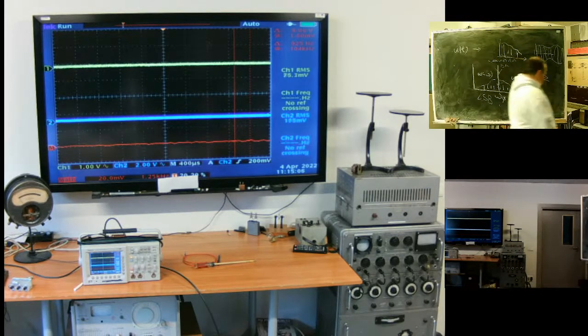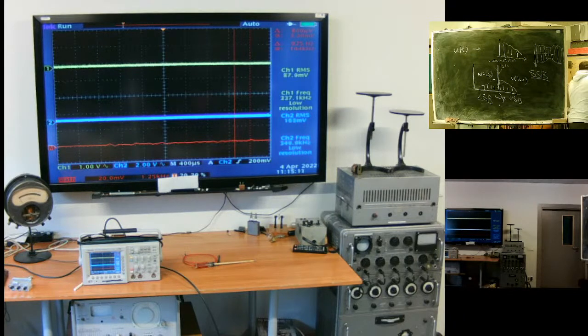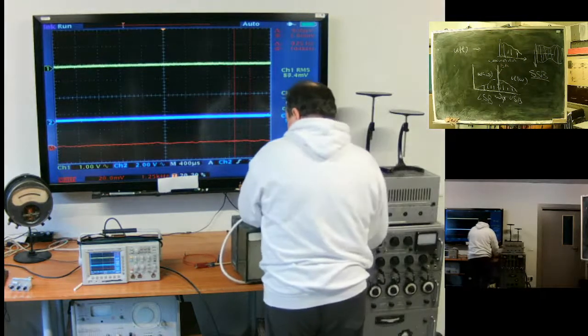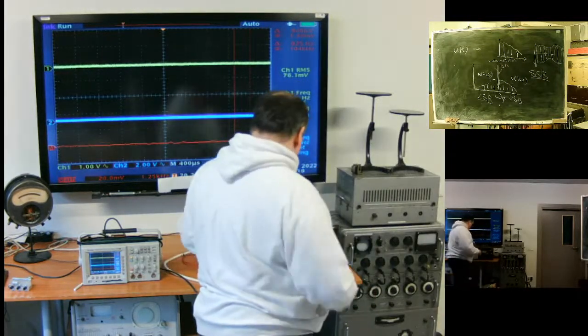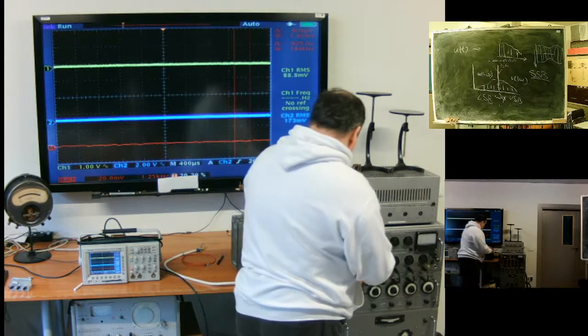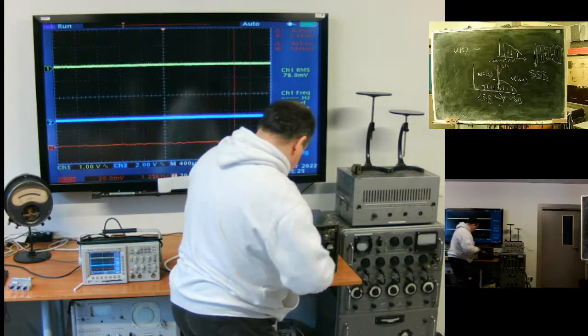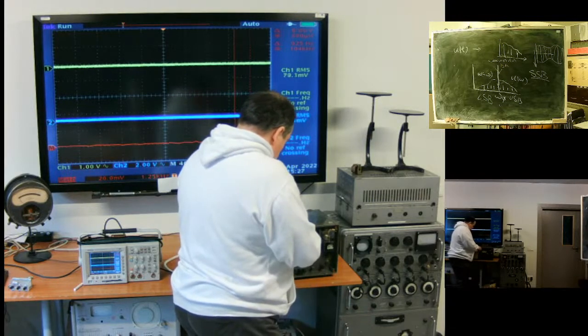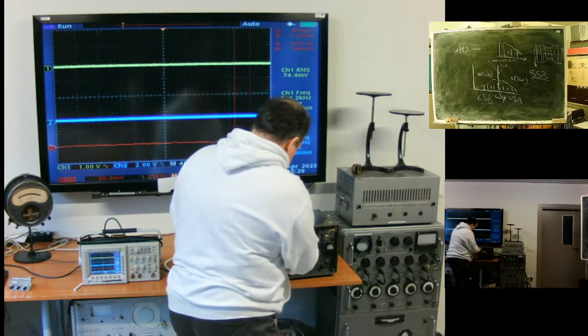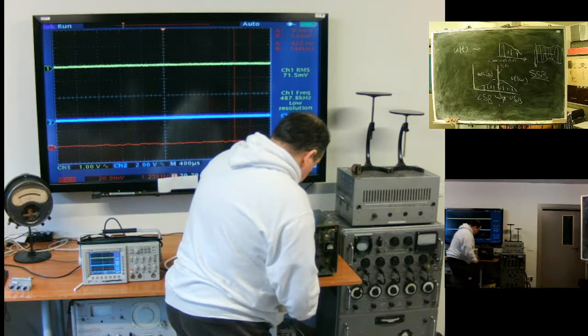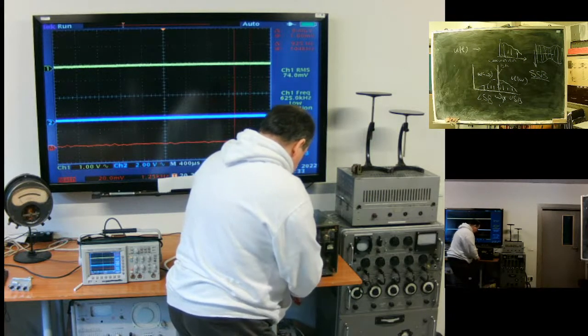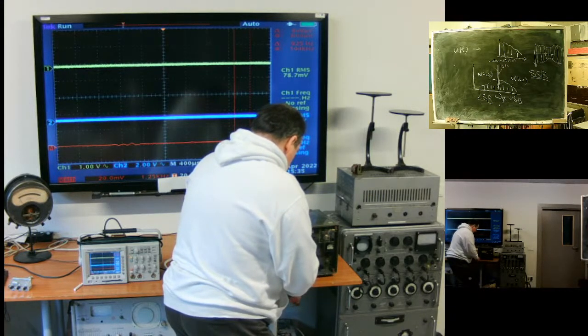What do I need? Yes, I need a green box. Filled and funky. See, an old military receiver.